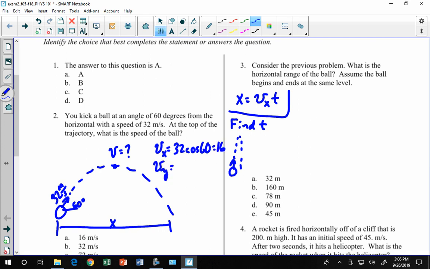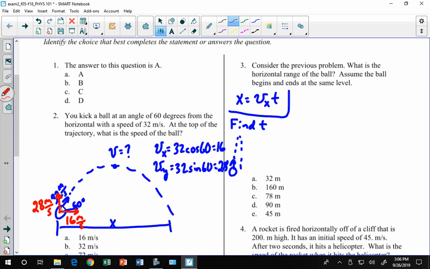And then Vy is 32 sine of 60. And that's 28 meters per second. So in this problem, I have 2 components: 16 meters per second, that's my Vx, and 28 meters per second, that's my Vy.